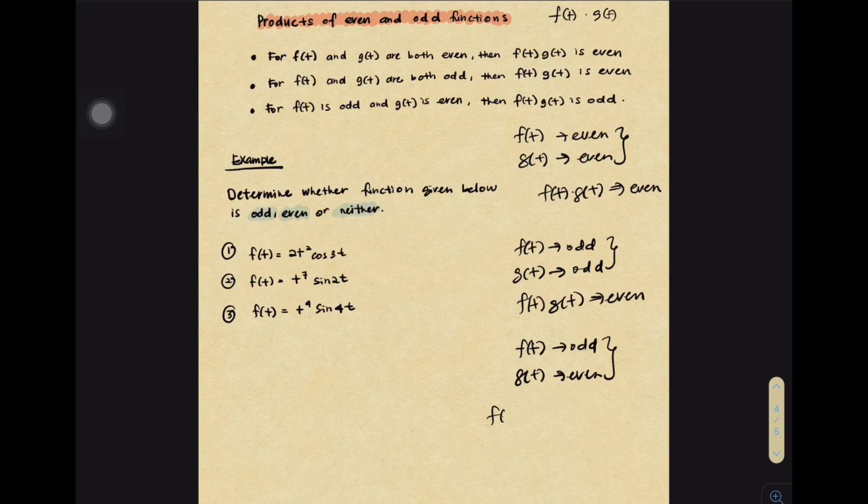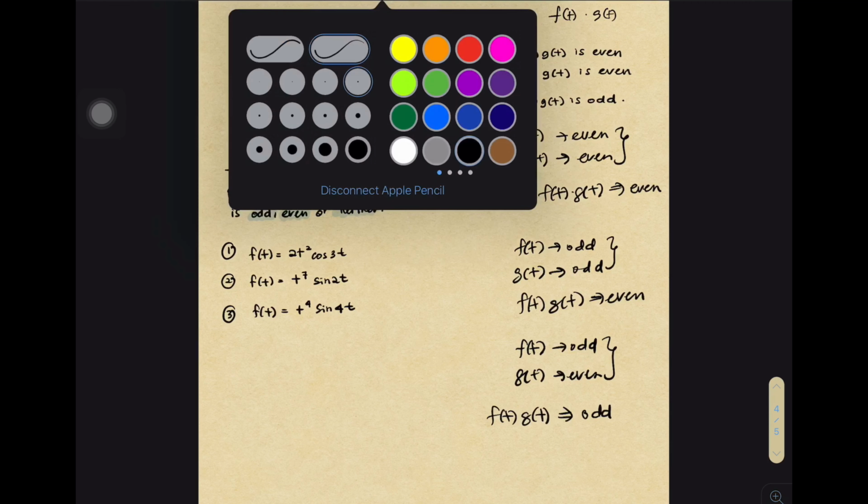So it's easy to remember: when both of them are the same type, even times even gives even, odd times odd gives even. But if they are different, even times odd, what you will get in return is an odd function. Okay, so let's see an example here.